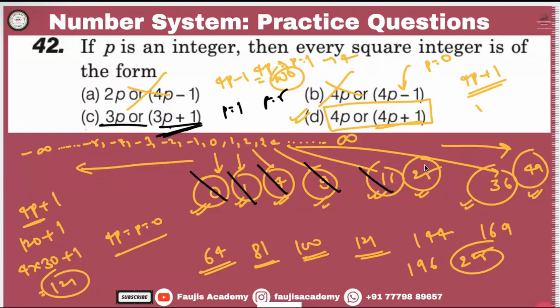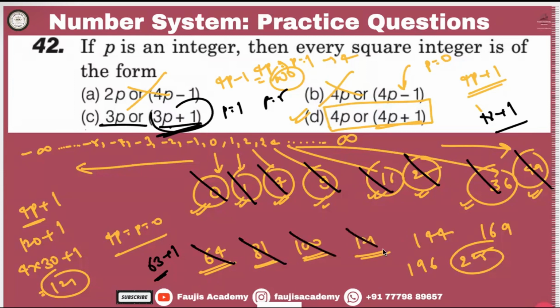8 into 3, 24, plus 1, it works out. 36 divisible by 3 works out. 49, 48 plus 1, works out. 64, 63 plus 1, works out. 81 works out. 99 plus 1 works out. 121 plus 1 works out. 168 is divisible by 3, it works out as well.